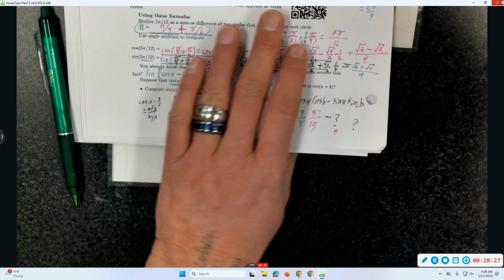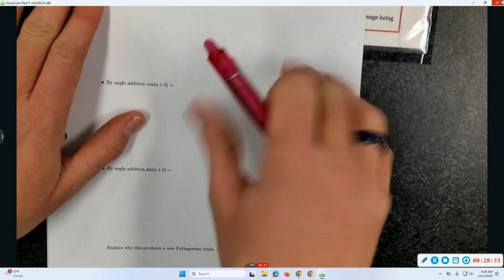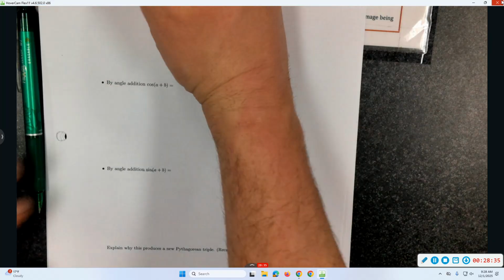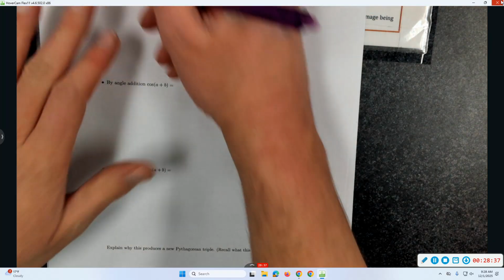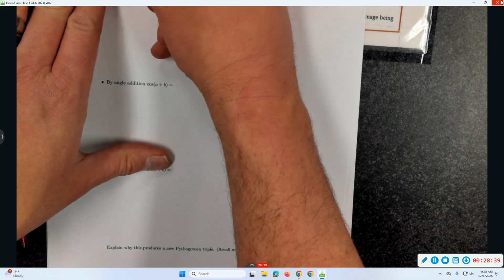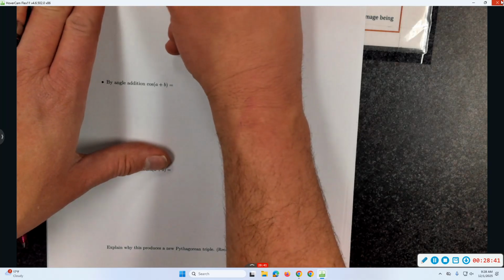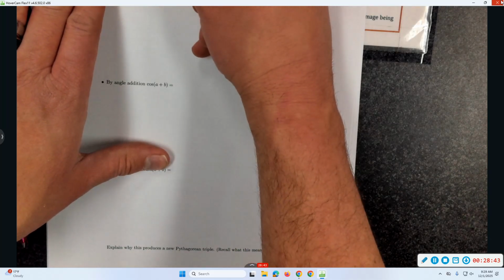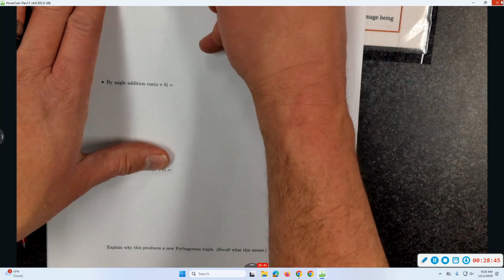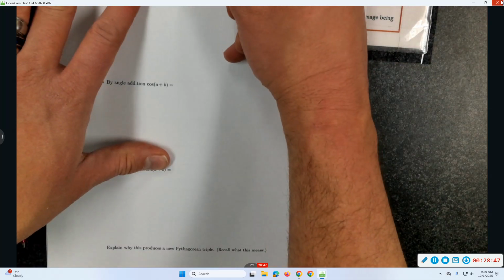So, the next step appears on the next page, which is somewhat awkward. Let's re-summarize everything at the top of the page, because otherwise flipping back and forth is annoying. I know cosine of A is 3/5. I know sine of A is 4/5.